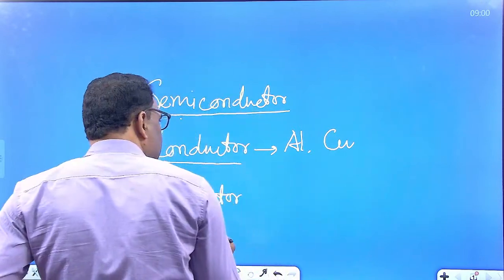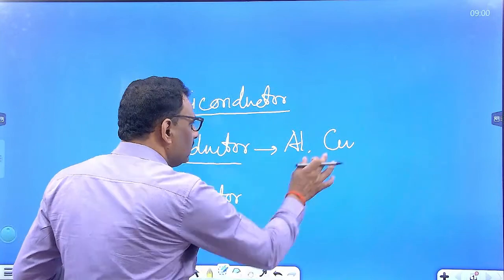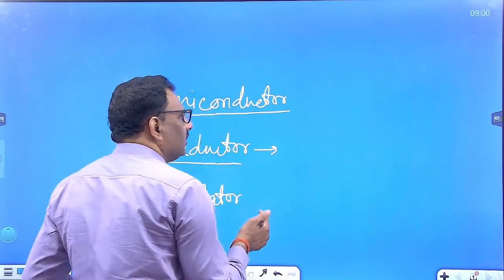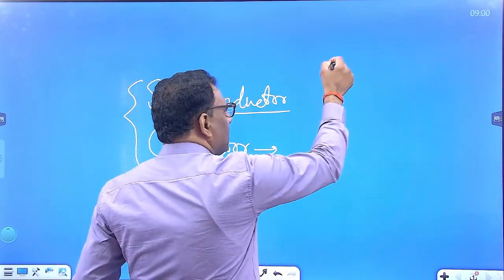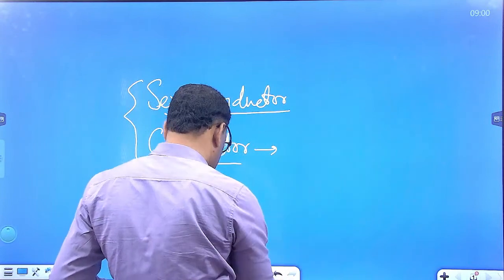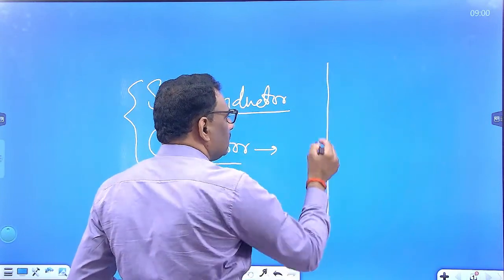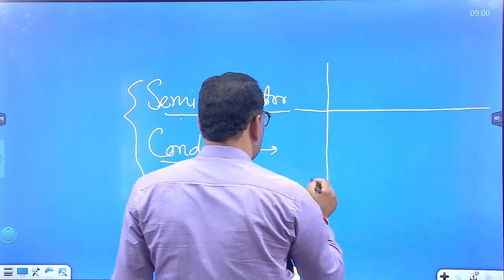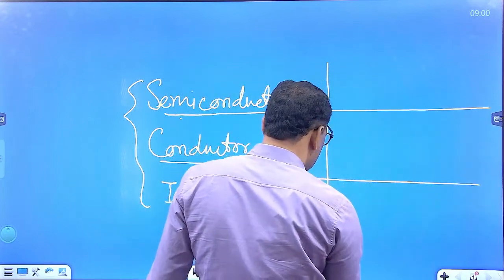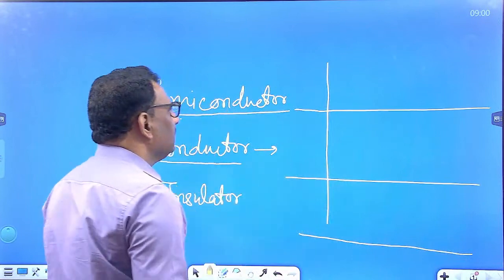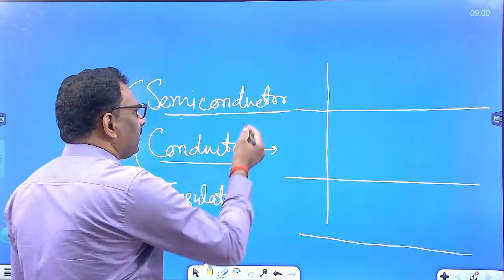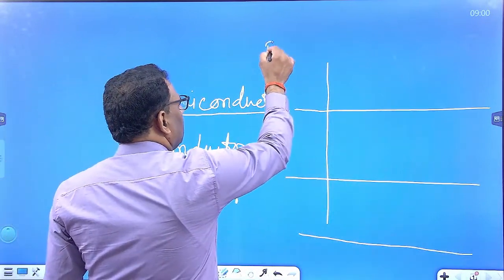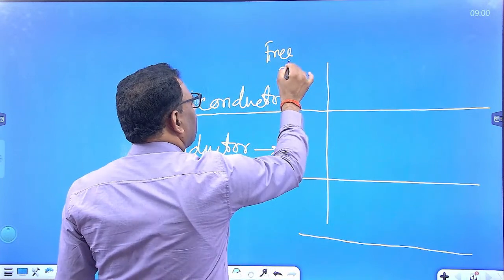तो फर्स्ट थिंग है इसमें, if you make a chart, that is on the basis of property, say first we take the free electron. What is the meaning of free electron?